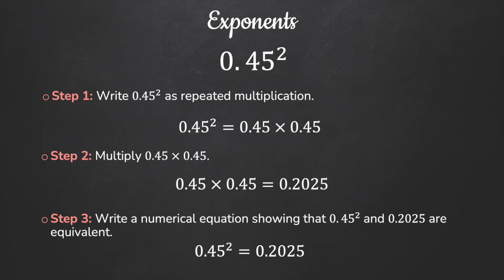So 45 hundredths times 45 hundredths, and we got 2025 ten thousandths. Then finally, we're going to write a numerical equation showing that 45 hundredths squared and 2025 ten thousandths are equivalent. So that means that 45 hundredths squared is equal to 2025 ten thousandths.